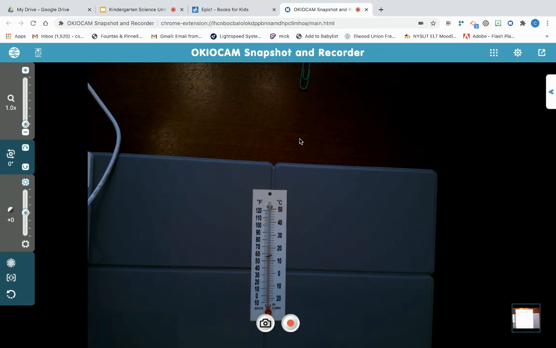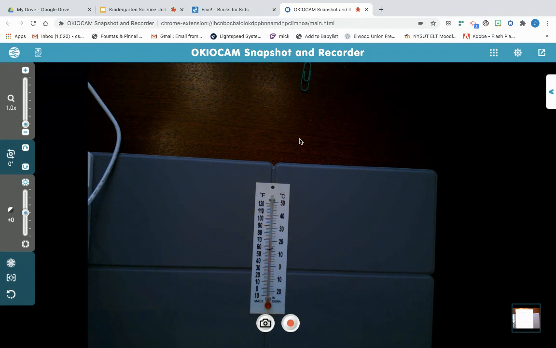I'm going to count down from 3 to 1. When I get to 1, call it out if you know the name of this science tool. 3, 2, 1. Did you say thermometer? Say it again. Thermometer. That's right, a thermometer.